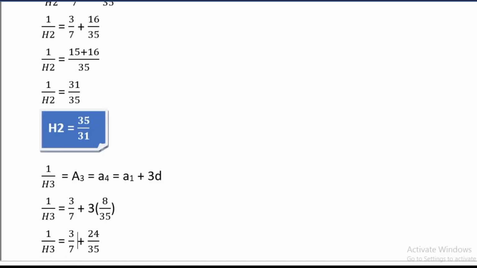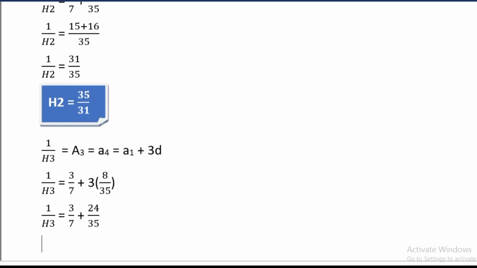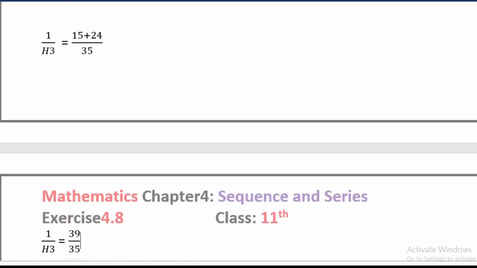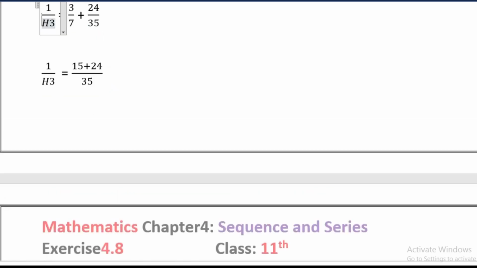Taking LCM of 7 and 35 is equal to 35. 7 fives are 35, 5 threes are 15, plus 1 times 24 is equal to 24. 24 plus 15 is equal to 39.